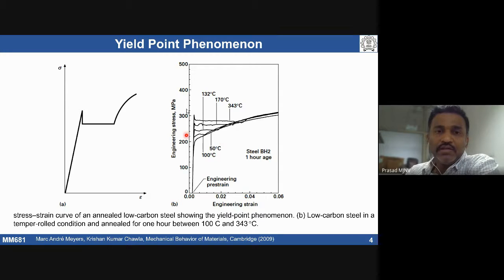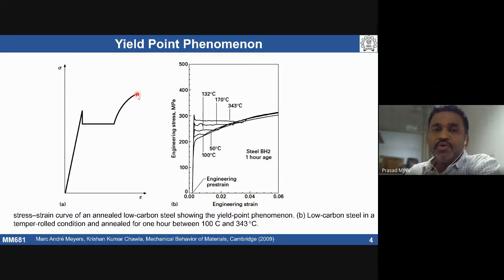Okay, so basically we are talking about yield point phenomena. Schematically it's shown: there is upper yield stress and lower yield stress, followed by the regular plastic deformation regime. So if I take a low carbon steel, fully annealed material, and deform it, typically I get this kind of curve.